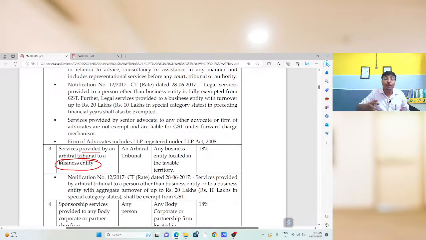The business entity that takes the services of the arbitral tribunal is liable to make the payment of taxes under reverse charge mechanism. That is the concept. So the first three services we have covered. The first one is goods transport agency. Another one is legal services provided by the advocate, that is, advocacy and legal services. And the third one is services provided by the arbitral tribunal to the business entity.